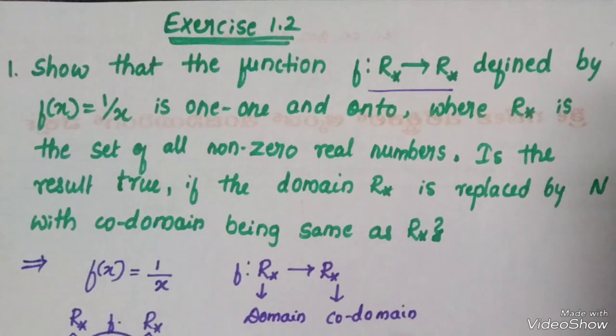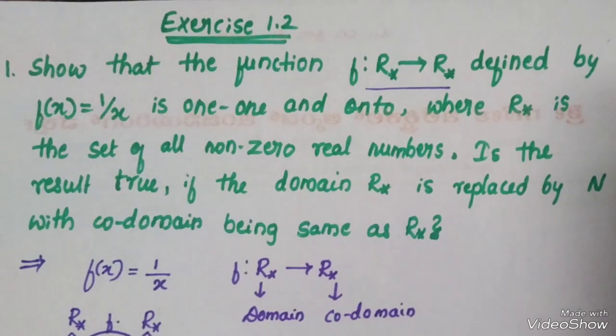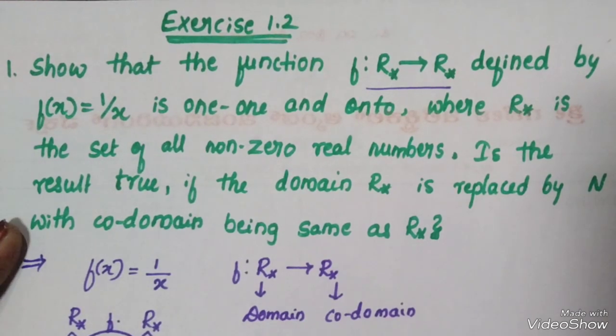For example, consider real numbers, which means all numbers in the real numbers. It may be rational, irrational, natural, whole, even, odd, integer, whatever, other than 0. For example, let us consider 1.